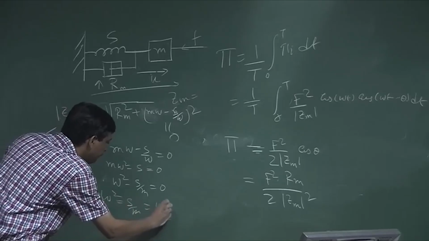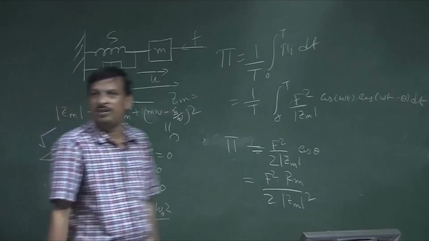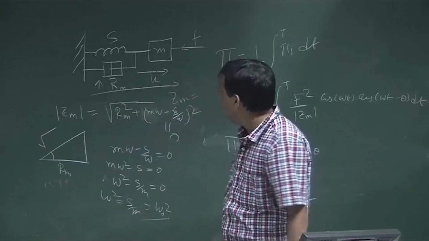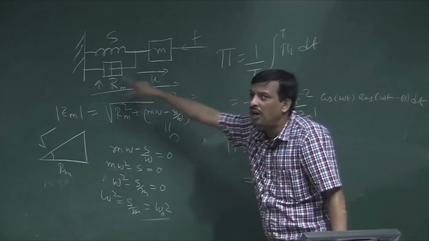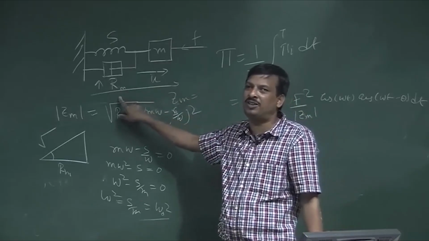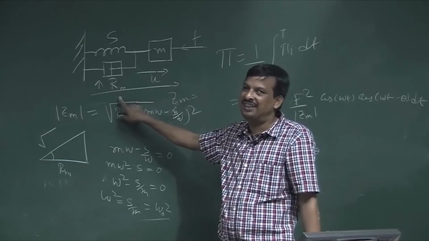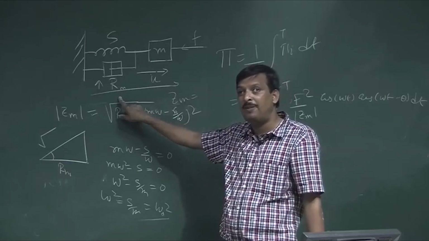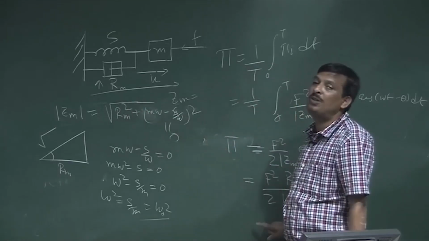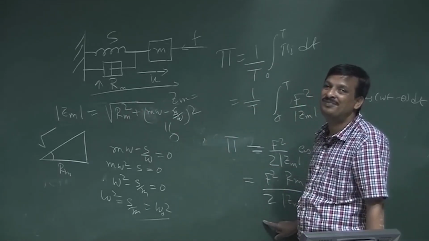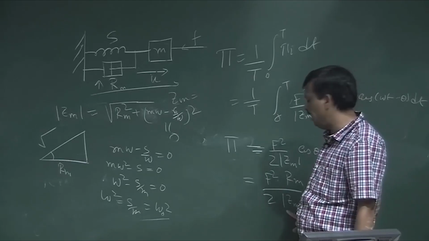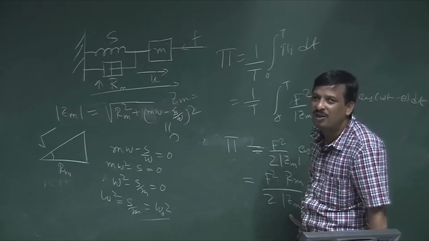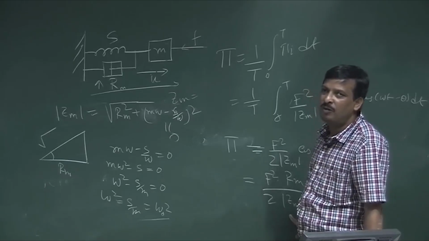omega 0 square. So, if the applied force frequency is equal to the resonance frequency of the circuit, then resonance will happen and power will be maximum. So, Zm will be minimum when Xm is equal to 0. When will Xm be 0?